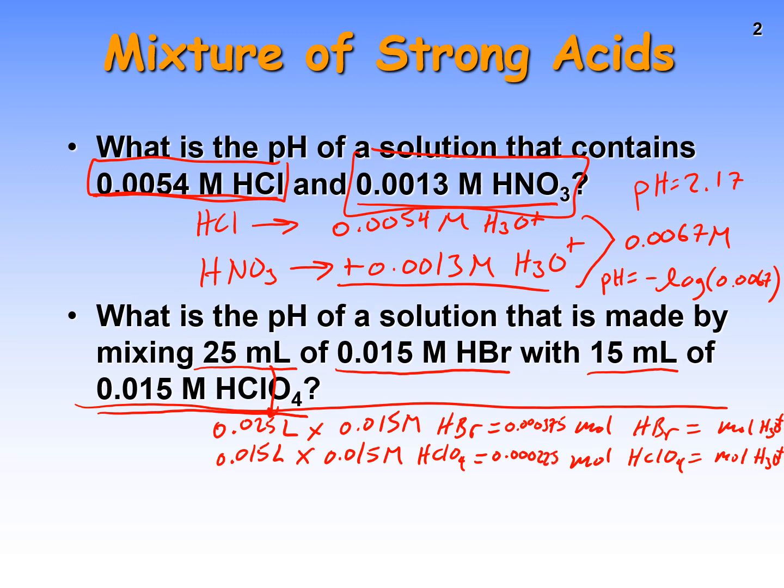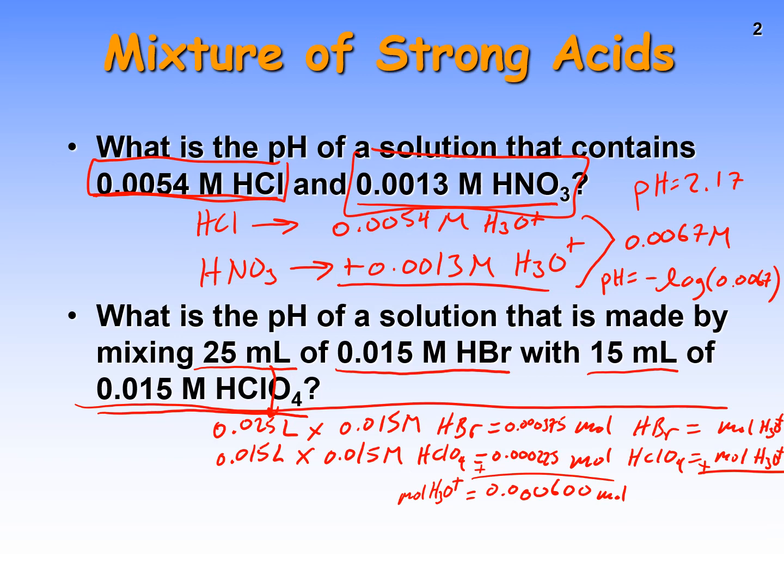Now, if I want the total moles of H3O plus, because these guys are equal, we really just need to add these two values together to get our total moles of H3O plus in solution, right? Which is going to be equal to 0.000600 moles.